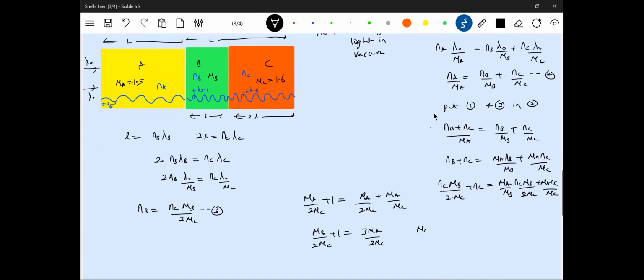Mu B is the unknown thing, so let me substitute. I think we have all the values now. Mu C is how much? 1.6 plus 1, 3 mu A is 1.5, 2 times 1.6. Solving this, we'll get the expression for mu B. This will become 3 into 1.5 by 2 into 1.6.